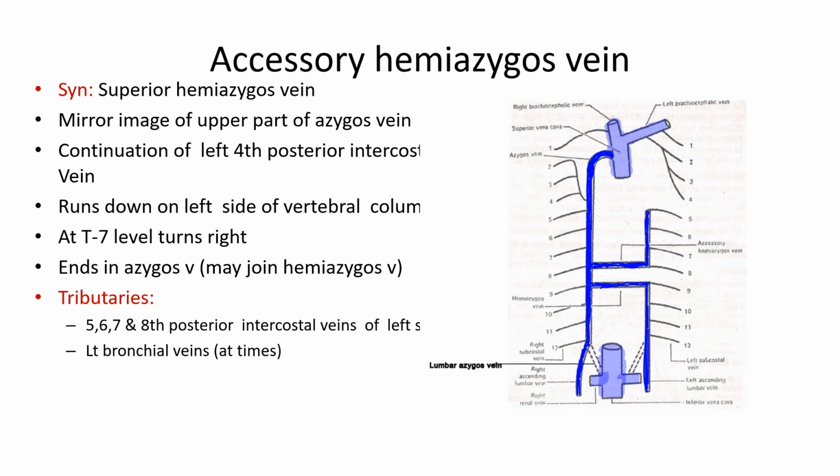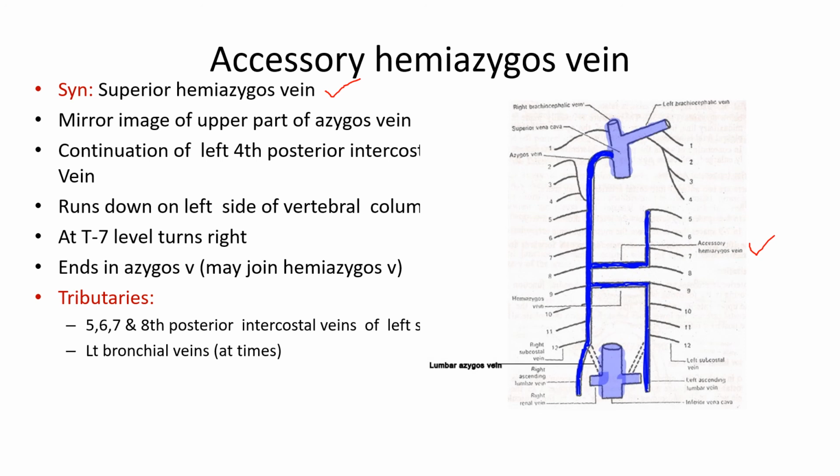Coming to the accessory hemiazygos vein, which is also known as the superior hemiazygos vein, and it is the mirror image of the upper part of the azygos vein, which you can see in this picture. It is the continuation of the left fourth posterior intercostal vein, and it runs down on the left side of the vertebral column, and at the level of T7 it turns to the right and ends by joining the azygos vein.